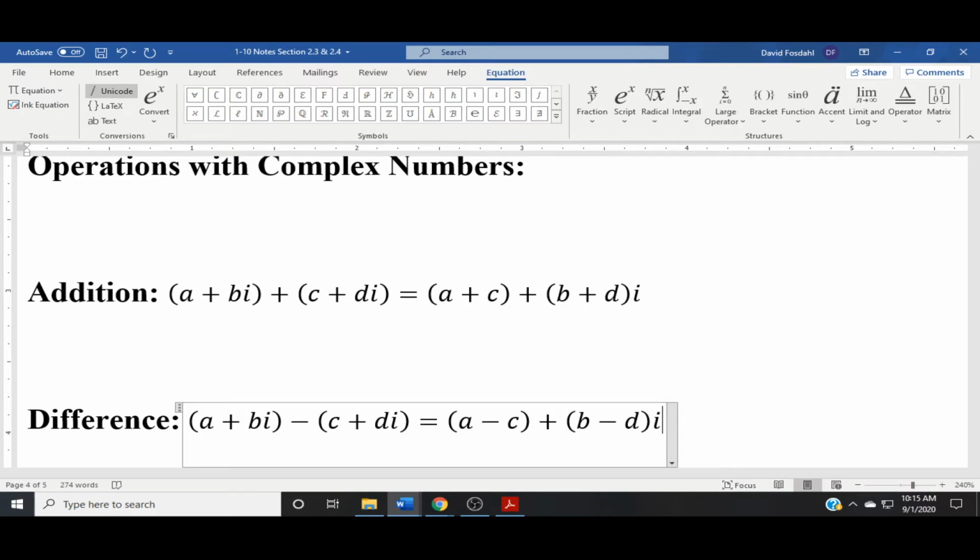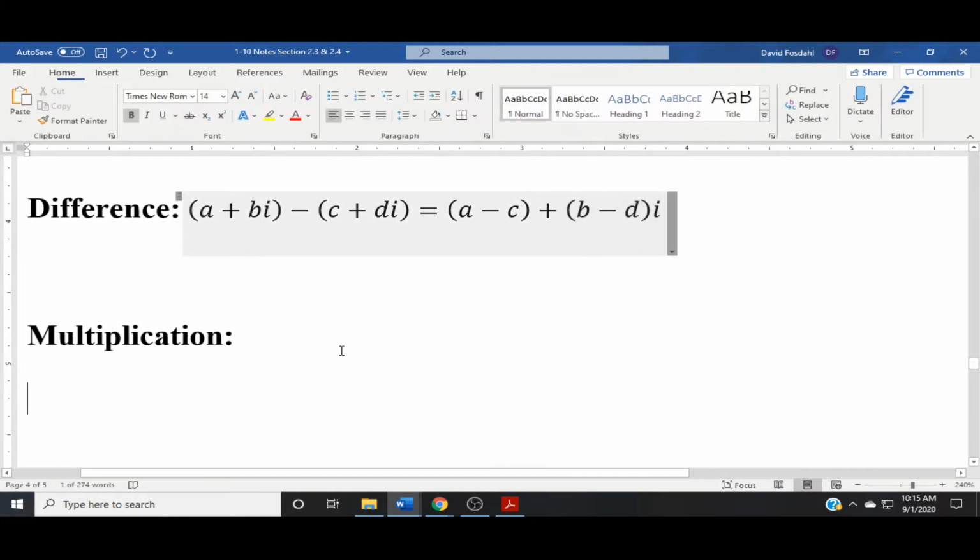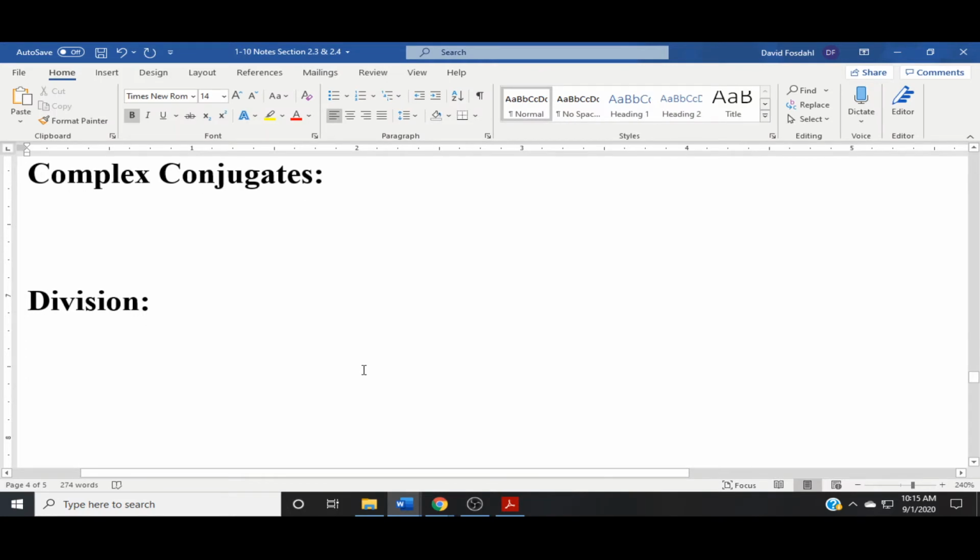Okay, so the effect is essentially that you combine like terms. Okay, you're treating i kind of like it's separated from the numbers. Okay. Now we'll talk about multiplication in a second.